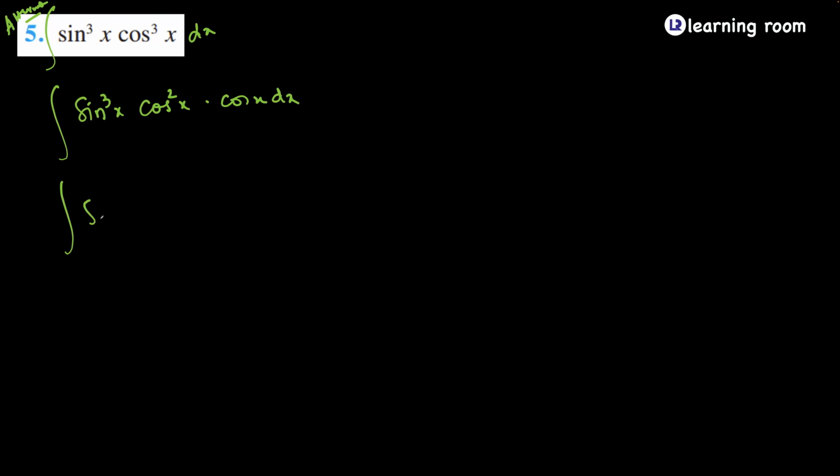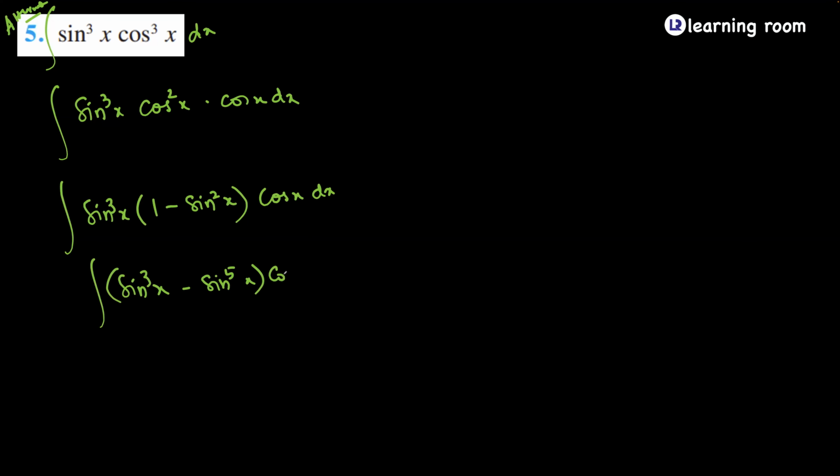So, this will be integral of sine cube x into cos square x, which is 1 minus sine square x, into cos x dx. Okay. So what will happen here? It will be integral of sine cube x minus sine power 5x times cos x dx.